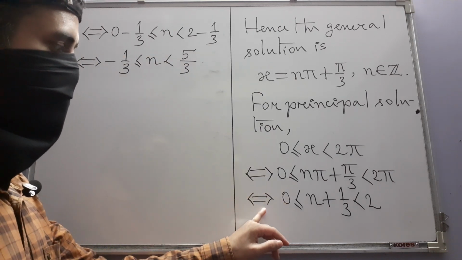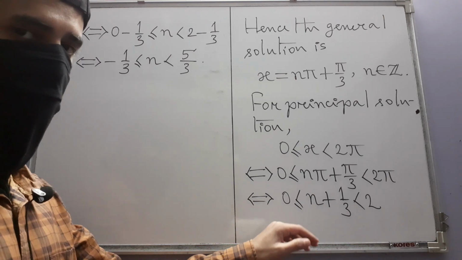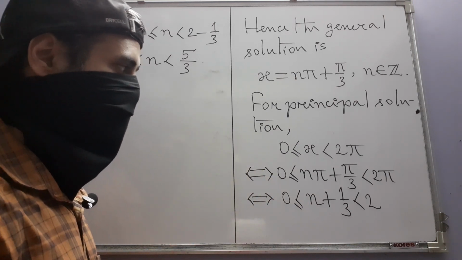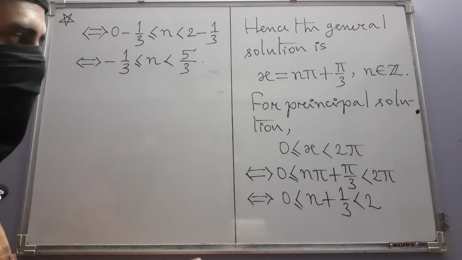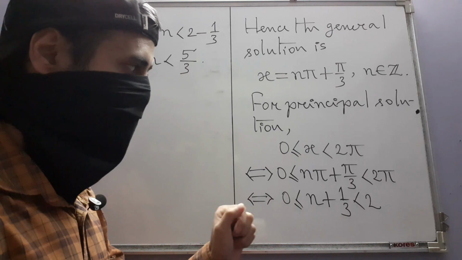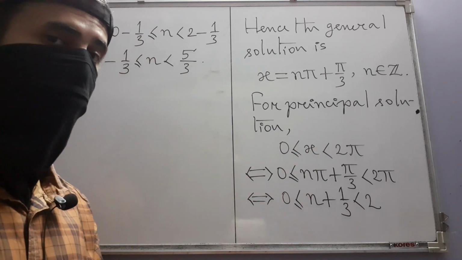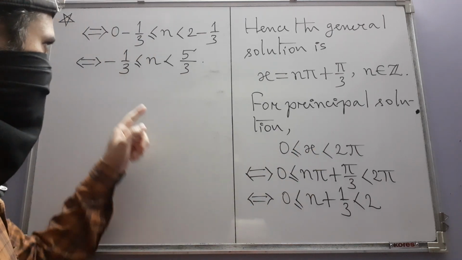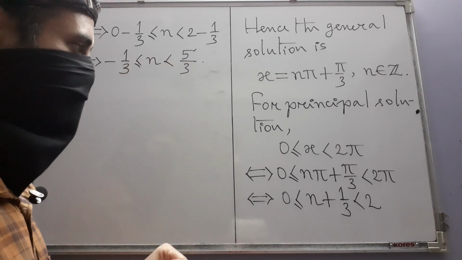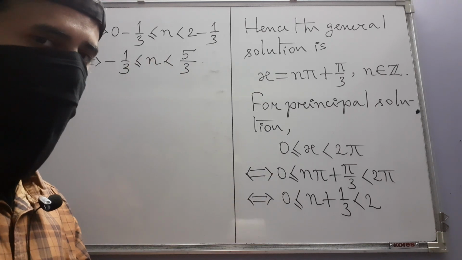Note that I am going on using double implication instead of single implication, because I want to know that if x satisfies these inequalities, then what happens to n. That's how I figure out that n has to satisfy these inequalities, and now I will find n.